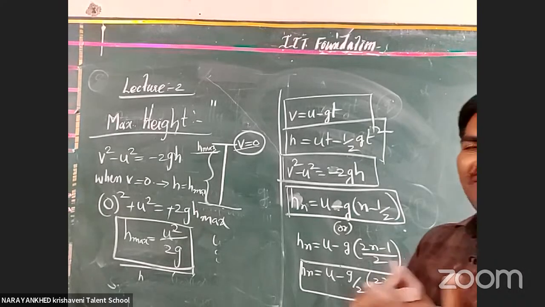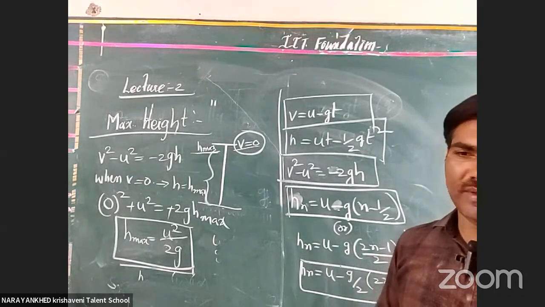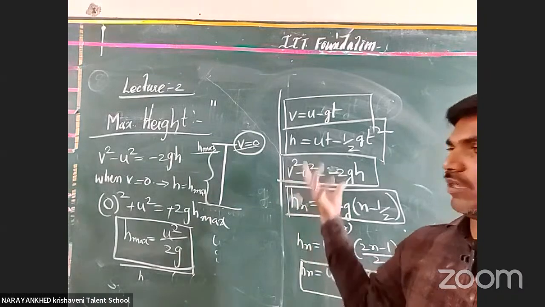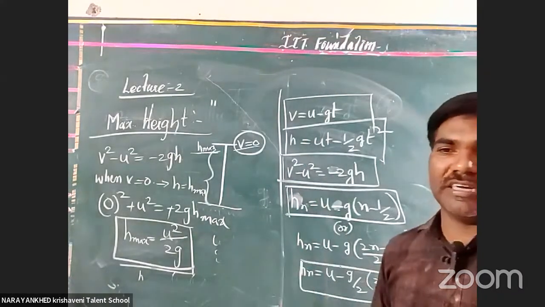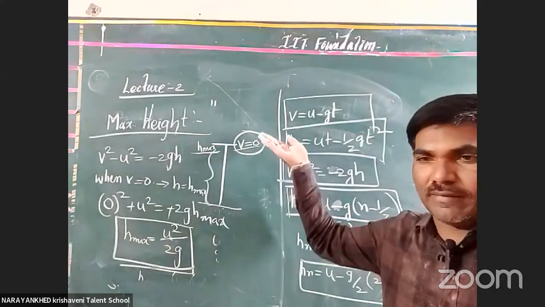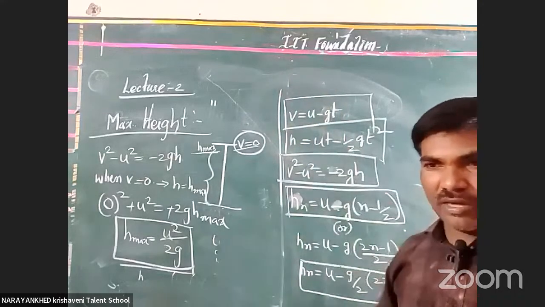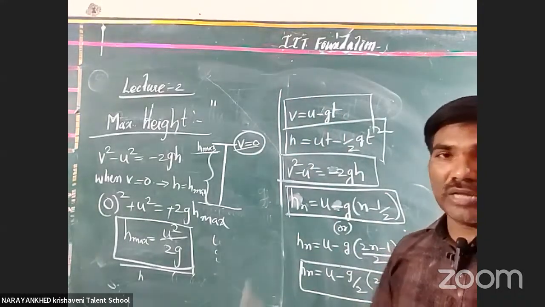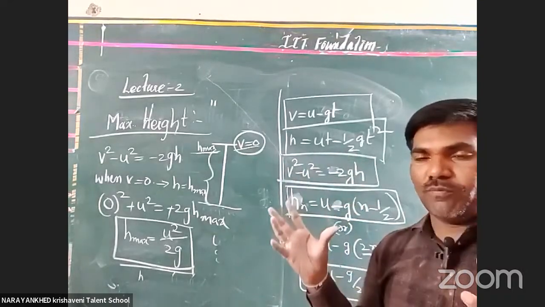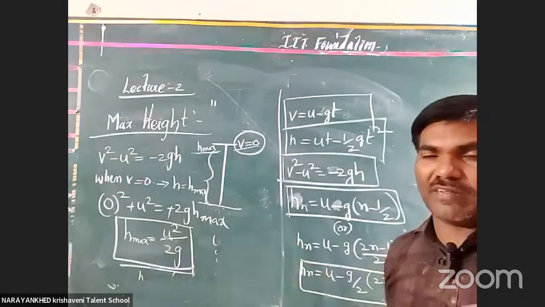This is only today's class, students, and we'll meet again next week. No other classes are there. Further classes are there on time of ascent, time of descent, and time of flight. How much time does it take to reach the maximum height? How much time does it take to reach the ground from the maximum height? And in total how much time is spent in flight mode, meaning in the air? All those things we are going to discuss in our further classes.